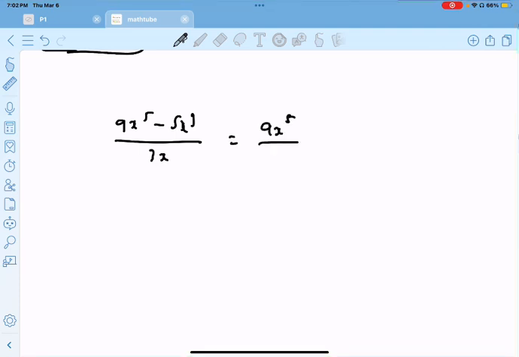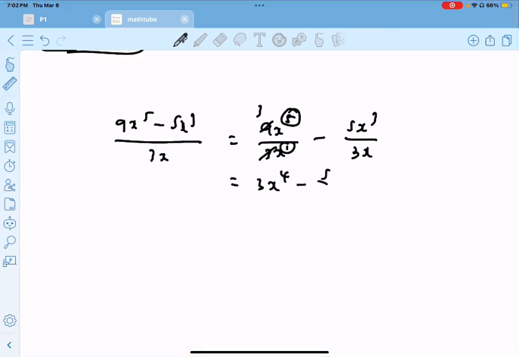You'll write 9x to the power 5 divided by 3x, minus 5x cubed divided by 3x. 9 divided by 3 is 3, and 5 divided by 3 will stay that, so it becomes 3x to the power 5 minus 1, which is 4, minus 5 over 3, x to the power 3 minus 1, x squared. That would be the answer. You don't need to simplify it further.